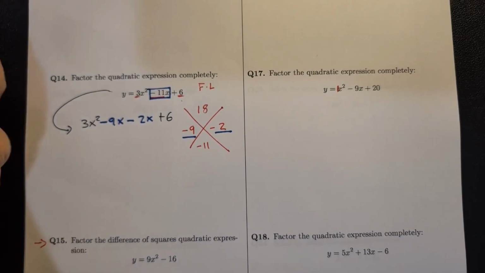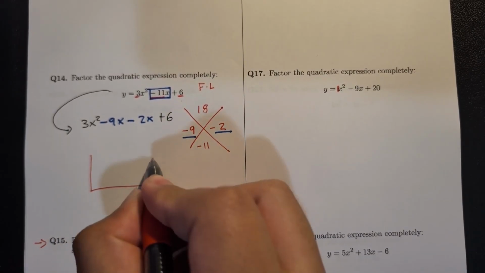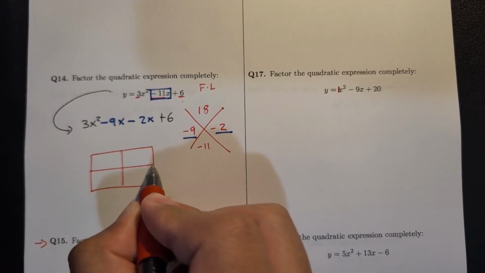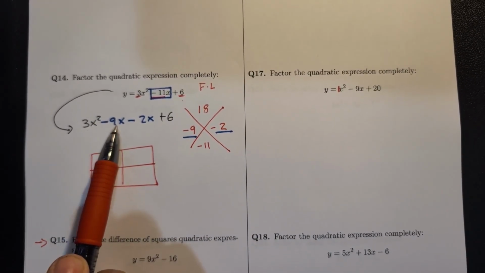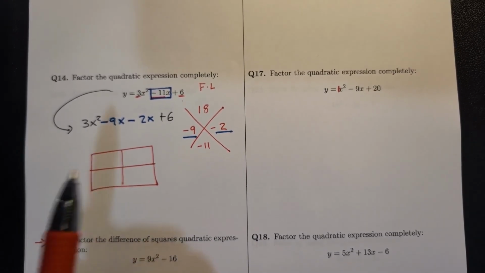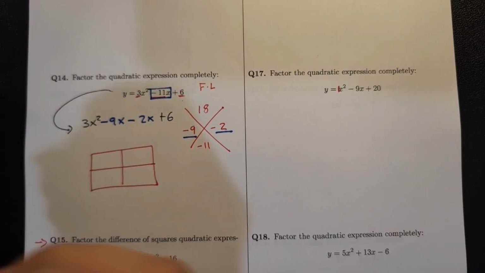Now, from here, we want to set up a box. This is called factoring using the box method. Notice that I have 4 terms, 1, 2, 3, 4, and I have 4 boxes, 1, 2, 3, 4. We're going to use that to fill in my box.